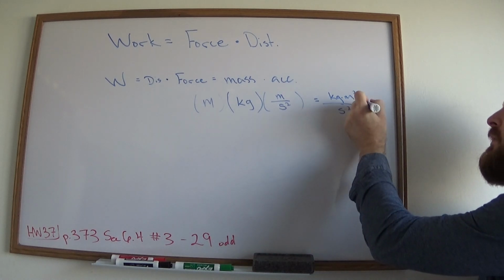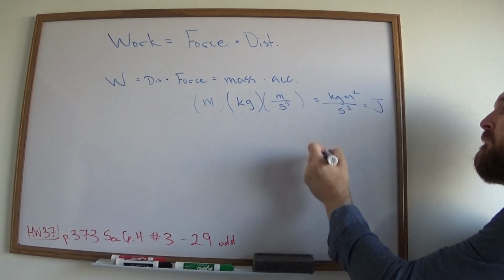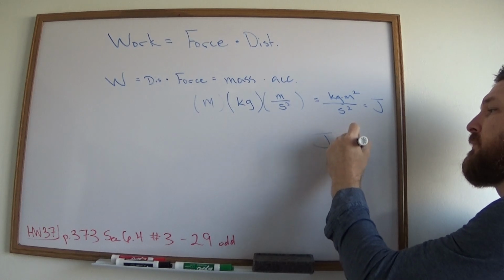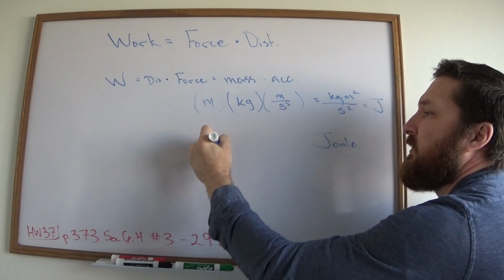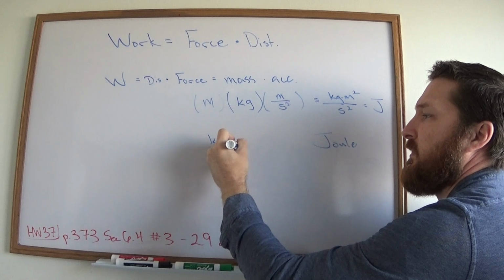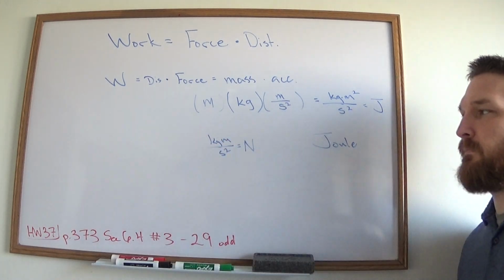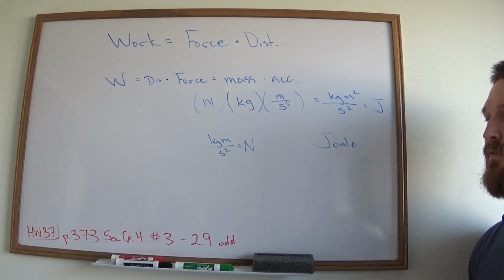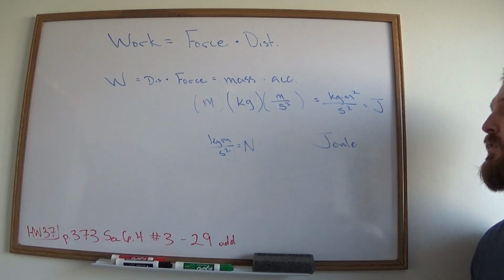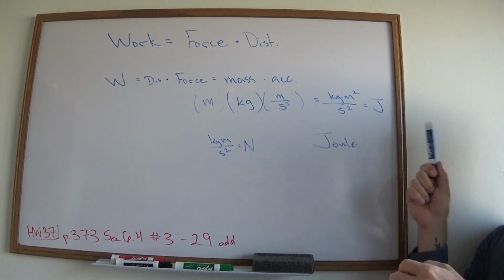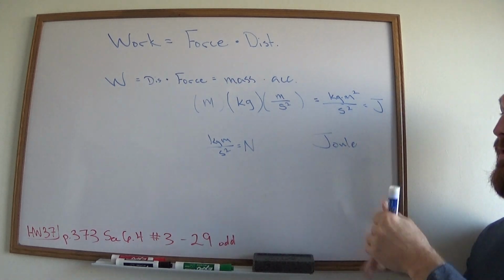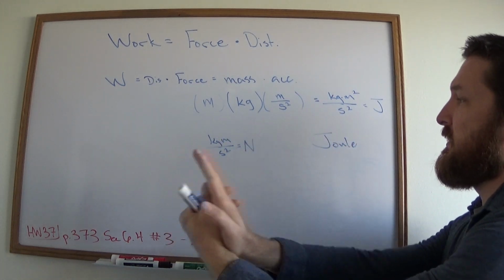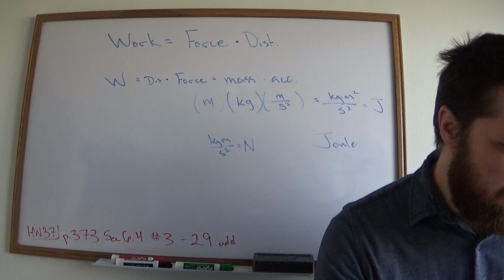We call that 1 joule. A kilogram meter per second squared is called a newton. So units of force are newtons, and a newton applied through a distance is called a joule.